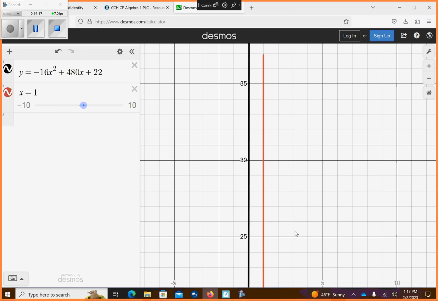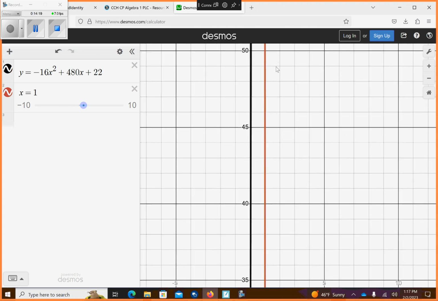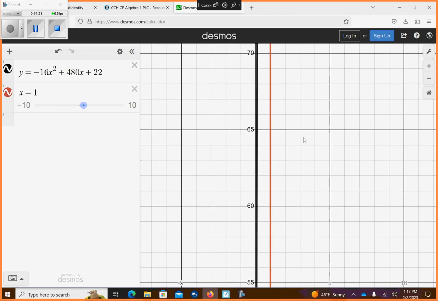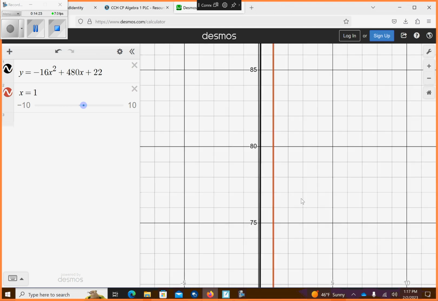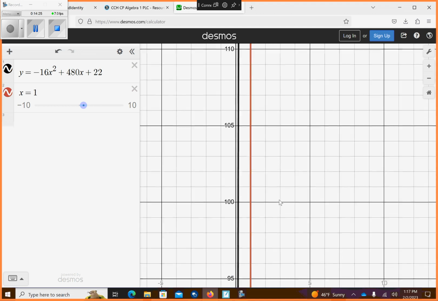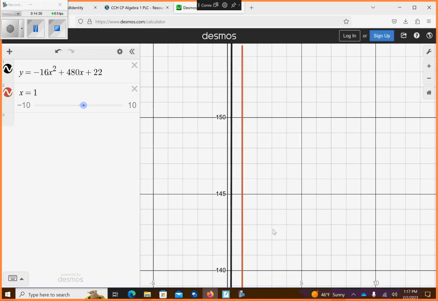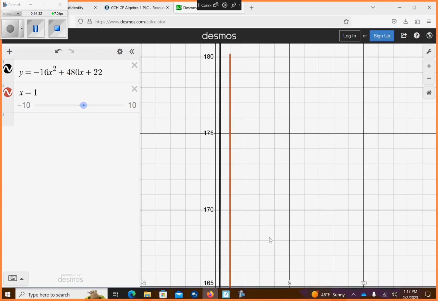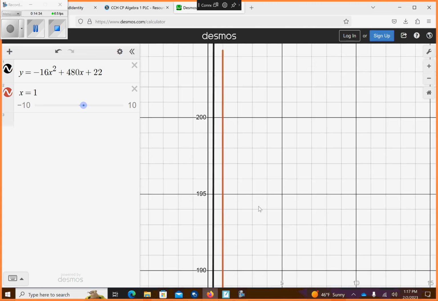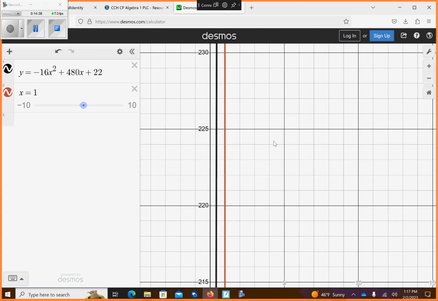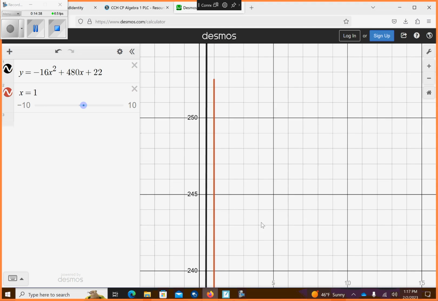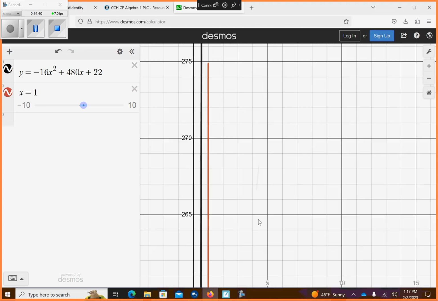It's black. After 1 second, all right, the black's starting to come in. I'm looking for where the red and the black intersect. They appear to be parallel right now, but the black is a parabola, so it's getting closer and closer to the red, staying at a constant distance at 1 second.